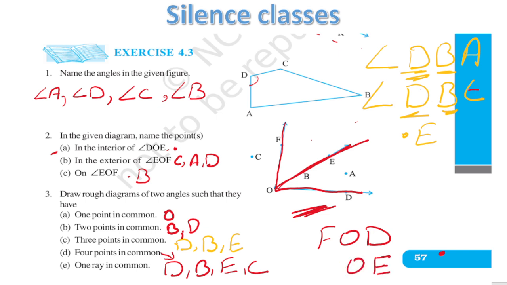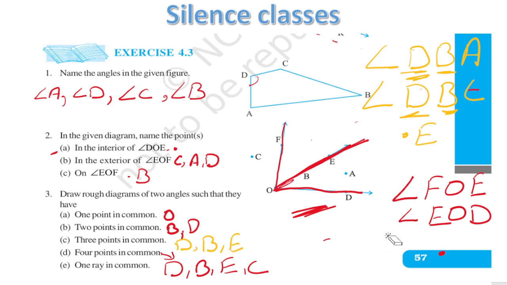OE is a ray which is common in both. We can make angle FOE, and angle EOD. So one ray is common in it.